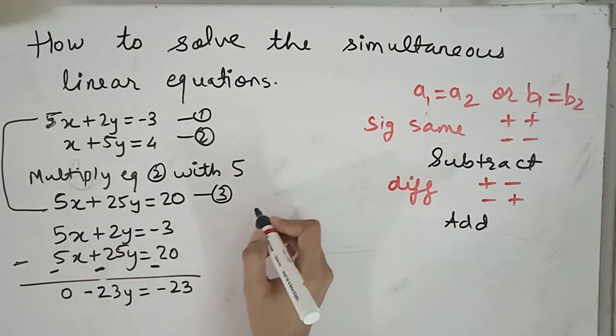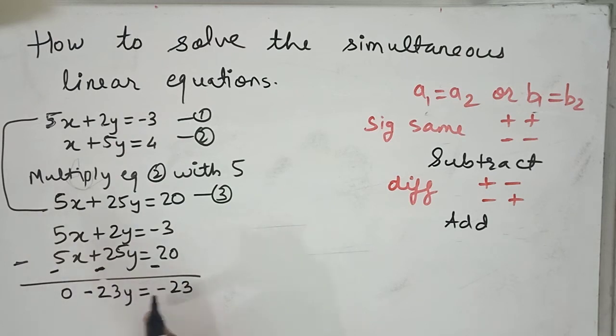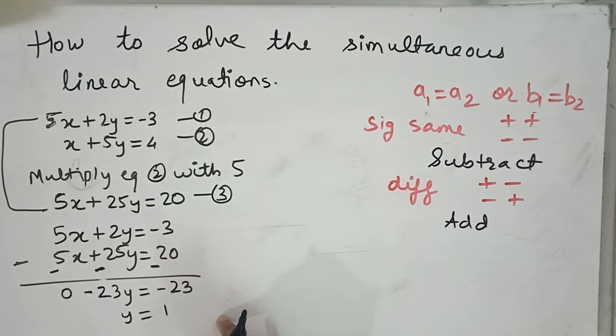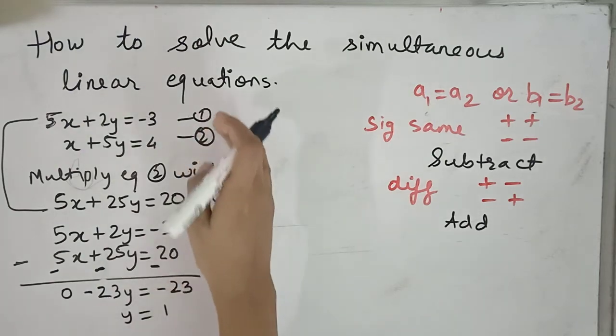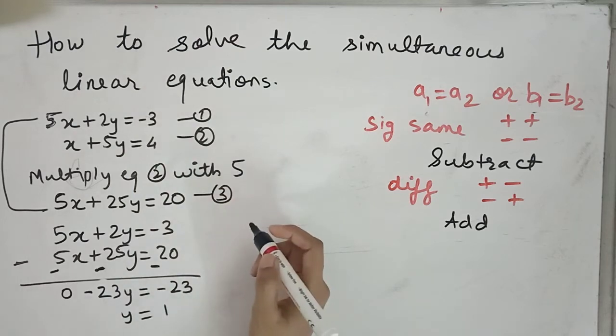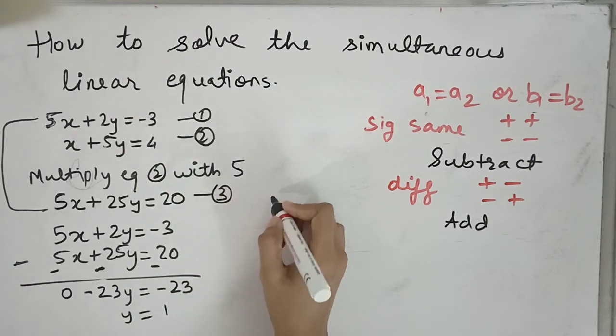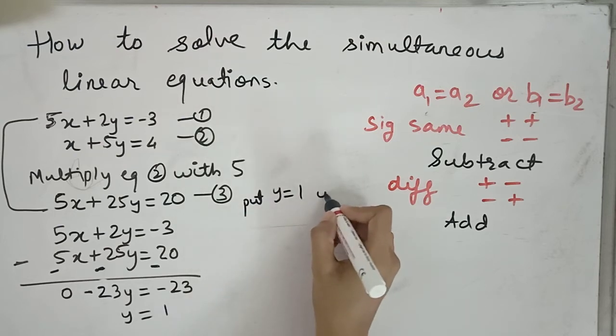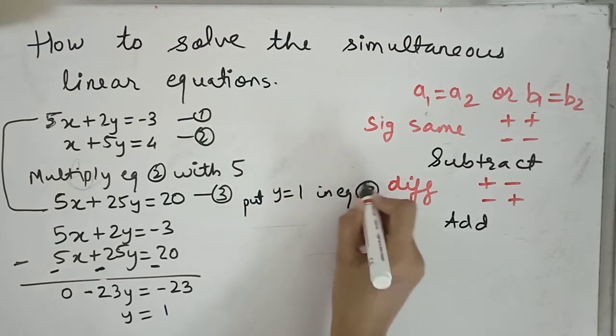So here minus 23y is equal to minus 23, so y will be equal to 1. Now put the value of y in any of the equations. You can put it in the first, second or third. I'm going to put it in equation 2. Put y equal to 1 in equation 2.